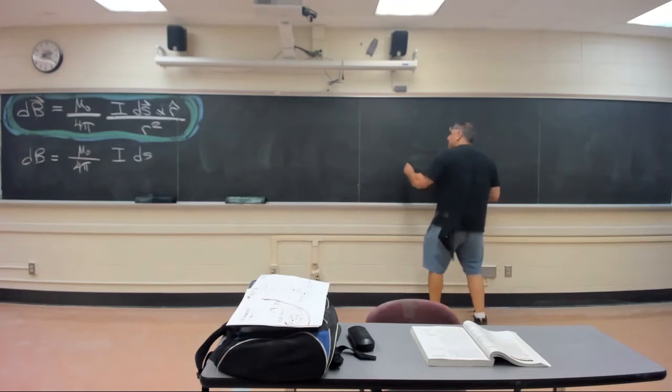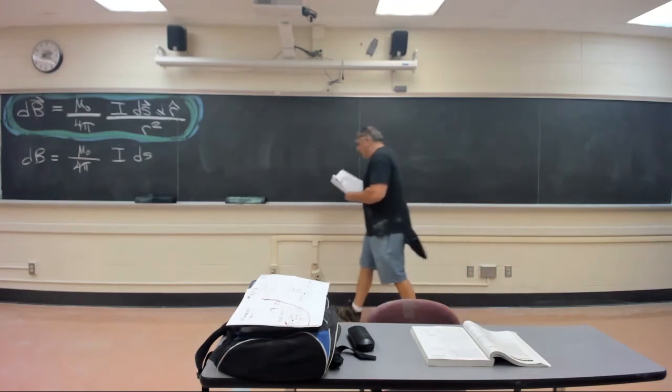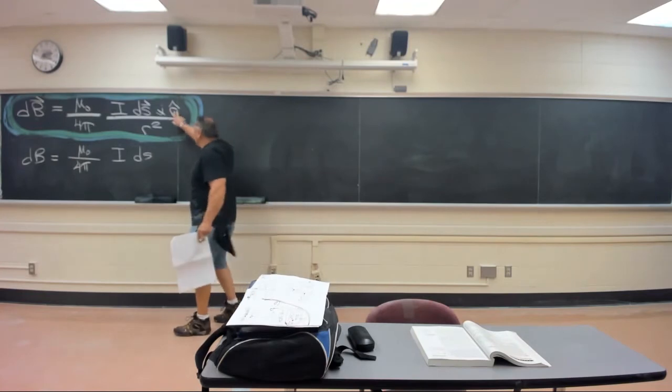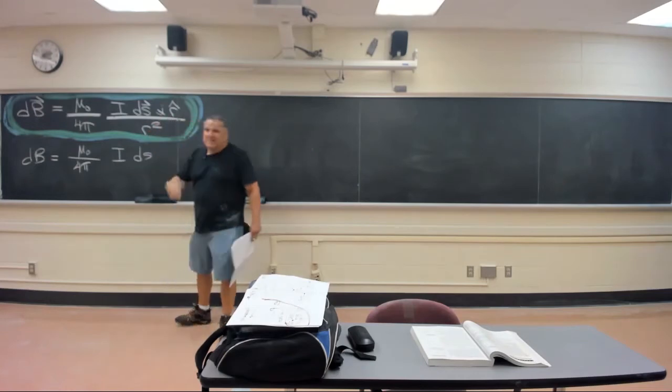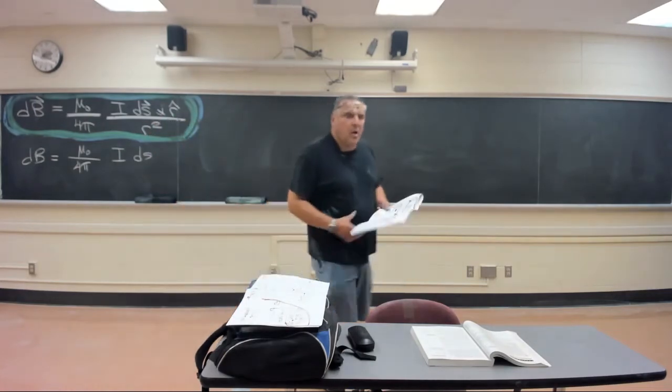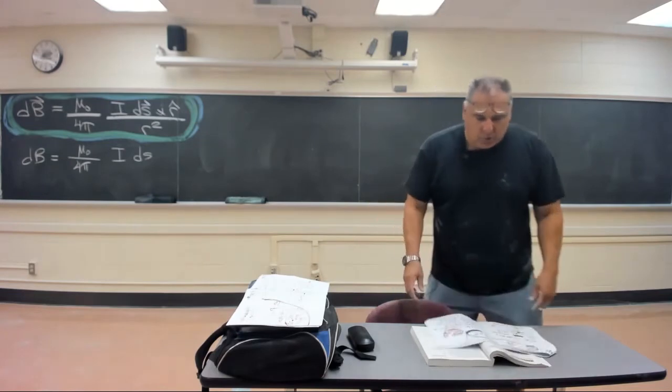Actually, the way it's supposed to be is like this. So watch out. This has got to be a unit vector, not the R vector. It's not going to contribute anything here to canceling out the R squared, which makes sense. It's an inverse square law related to where it's at, you guys. So watch out with that.